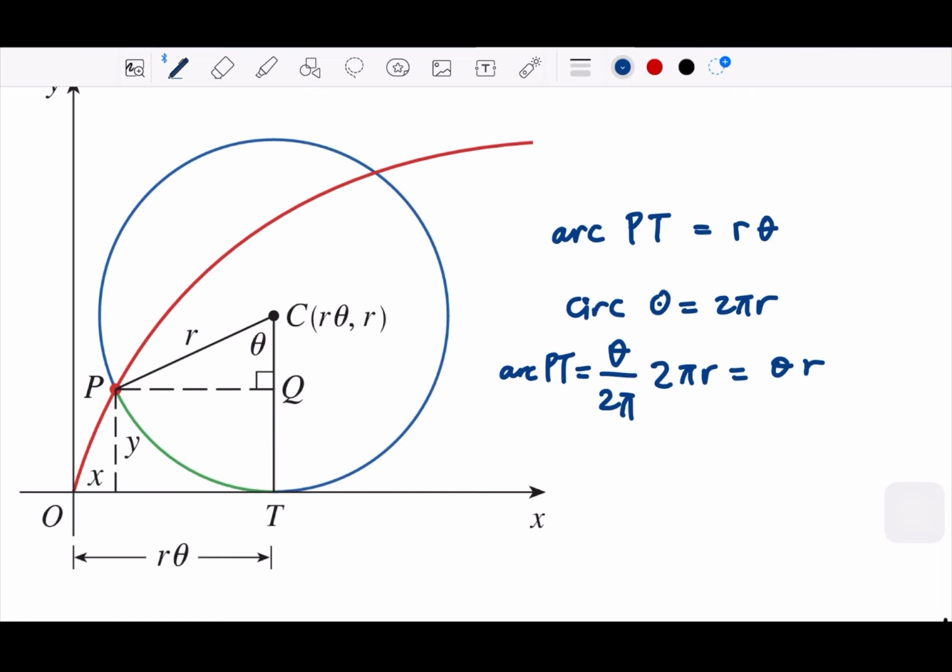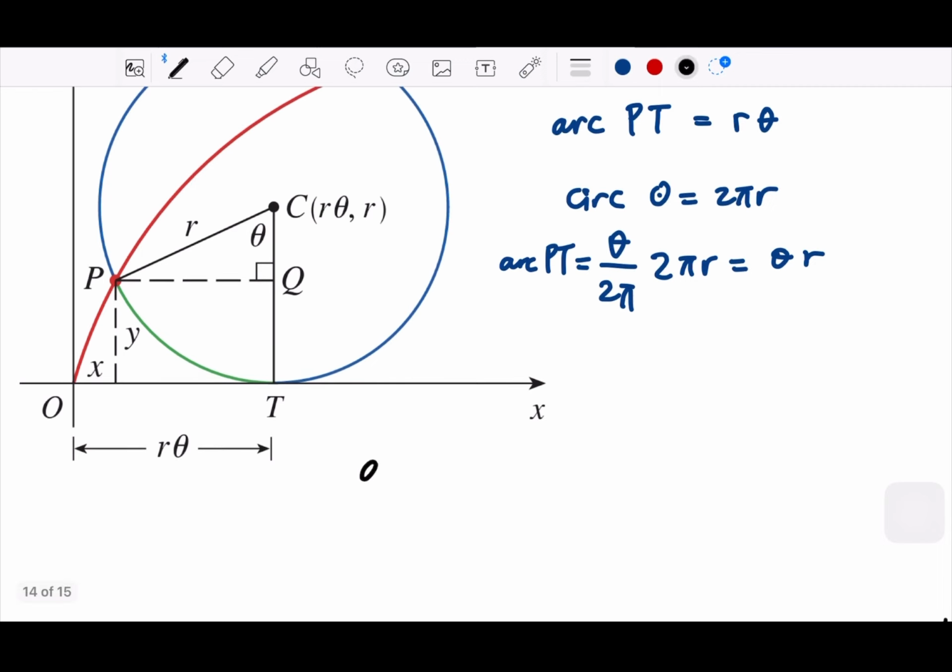Which means we can make an assumption that this distance is the same distance that the arc PT rolled out. Okay? Agree? So assumptions first. Assume that the distance OT is equal to the arc PT, which is r theta. So that's why we have this distance r theta, same as the arc.